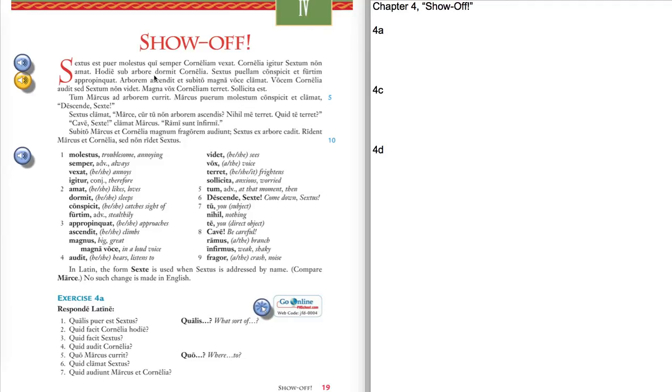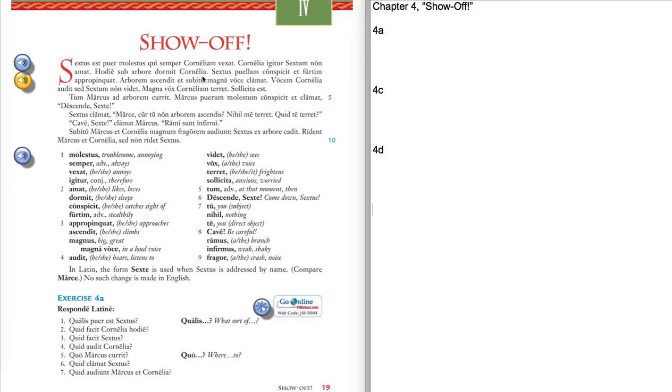There's a new verb there, dormit. Perhaps you might recognize the word dormitory, which is a place where college students or private high school students sleep. So dormit means she or he sleeps or is sleeping. So today, literally today, Cornelia is sleeping under the tree.